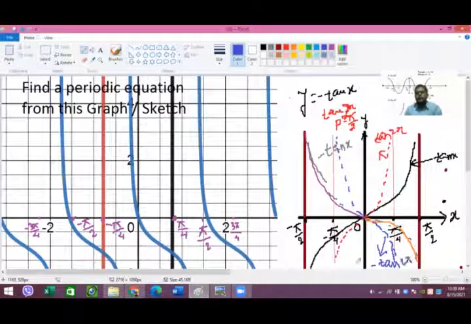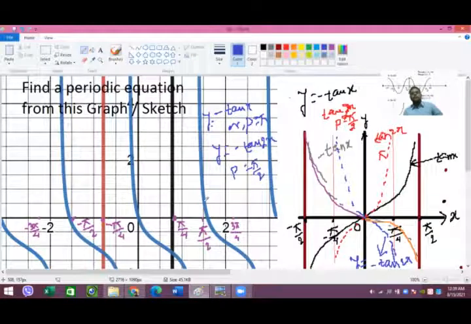It looks as if this curve is of y equals minus tan x, or it might be y equals minus tan 2x if the period is pi by 2. If the period is pi, it could be a negative tan curve. Anyway, we are sure this is going to be a tan curve.